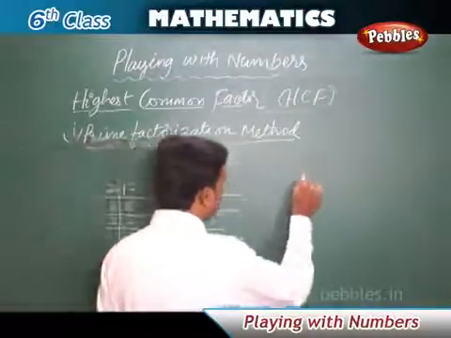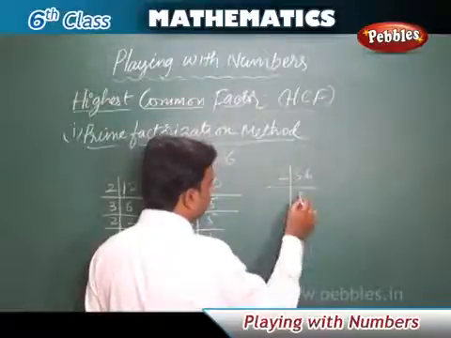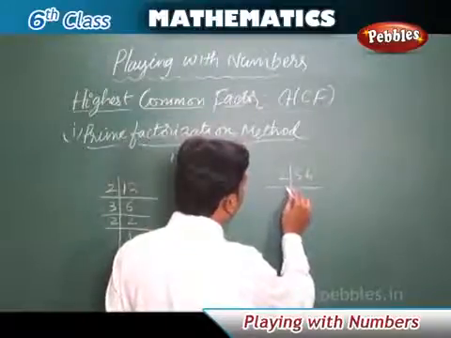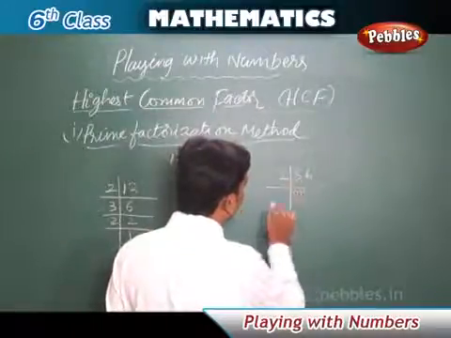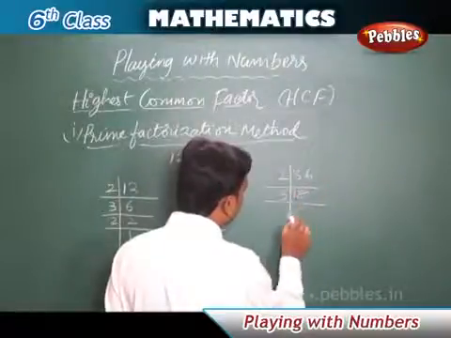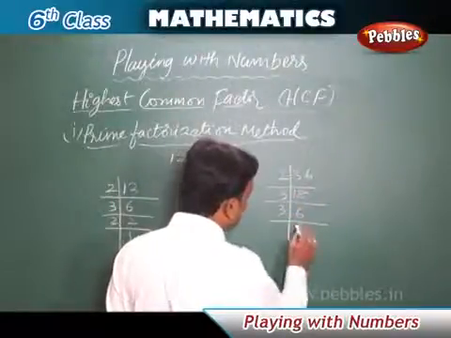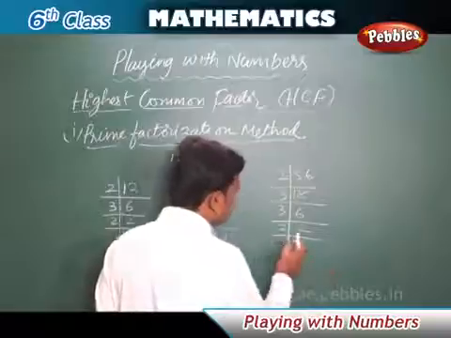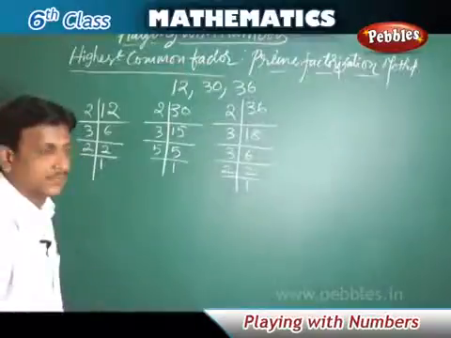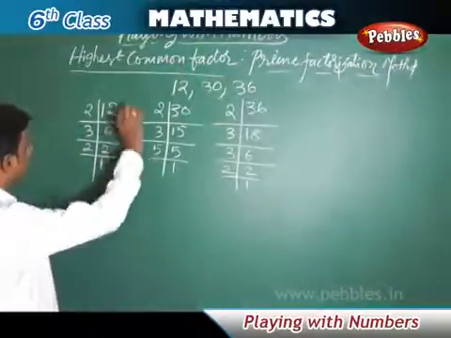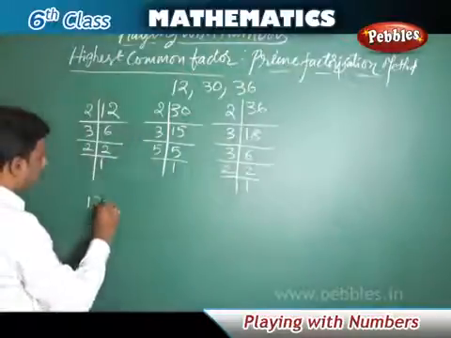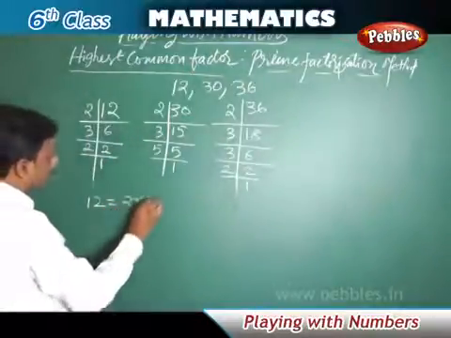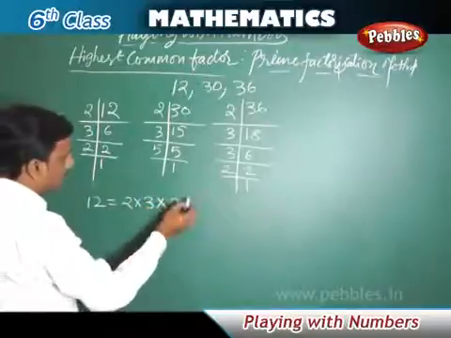Now we put 36: 2, 18, 3, 6, 3, 2, 2, 1. Thus, 12 equals 2 into 3 into 2.